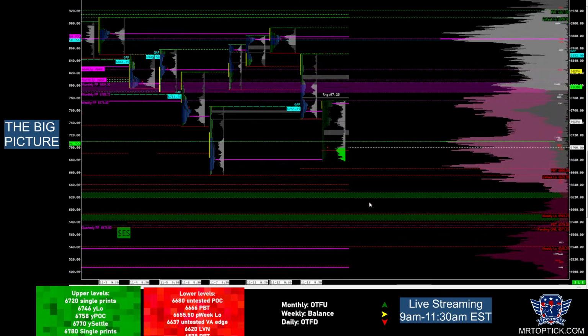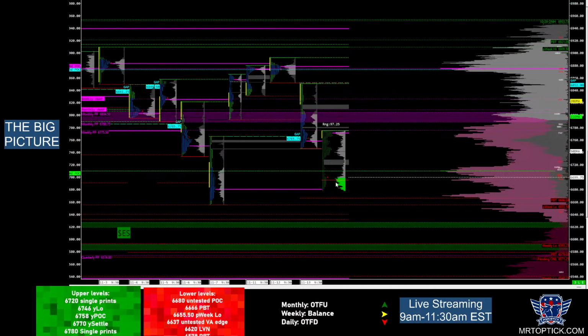But if we see some buyers show up, we have a double distribution during the overnight session, which means we're likely going to see some sellers here at that 67.20 area, right? And then if we are able to get above it and get back into the upper distribution, see how weak, how poor that high is on the overnight session.